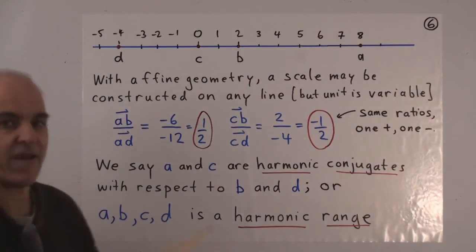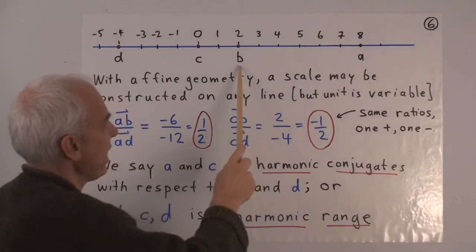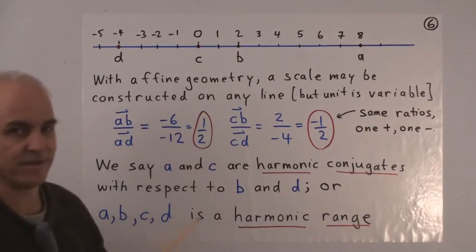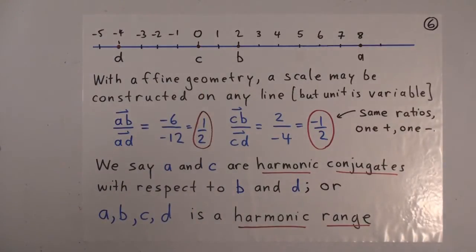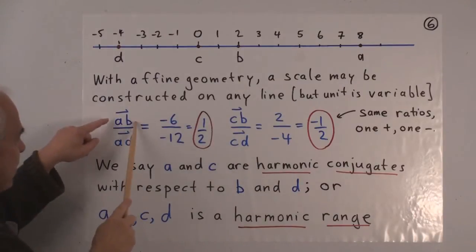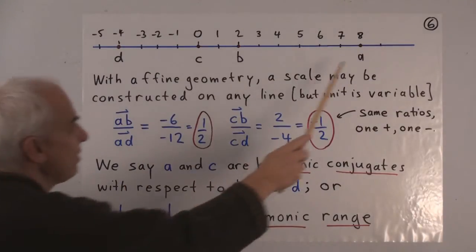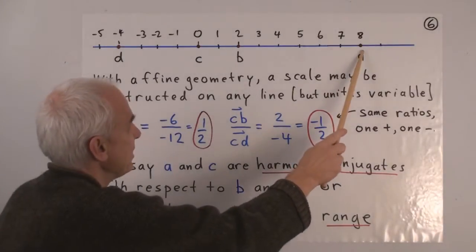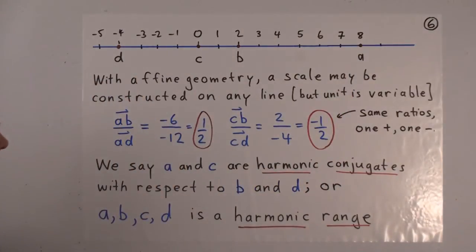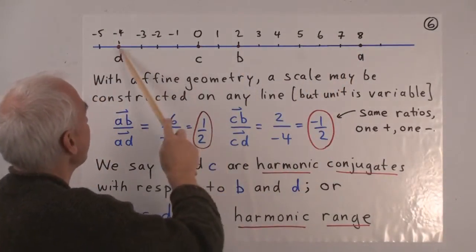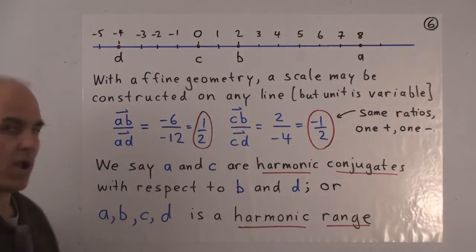So we can really talk about vectors. We can think of the vector AB, the vector BC, and the vector CB in different directions and so on. Now what's happening with these 4 points here is that the ratio of the vector AB, this displacement, to the vector AD, which is this displacement, is, well, that's -6 to -12. That's in the ratio 1 to 2.